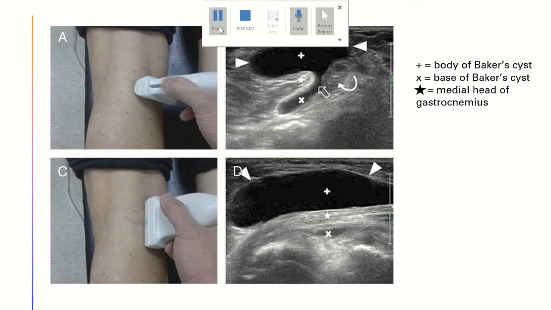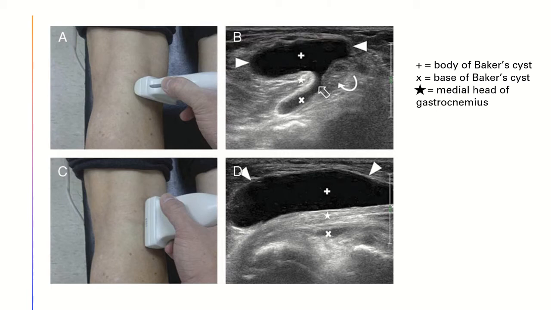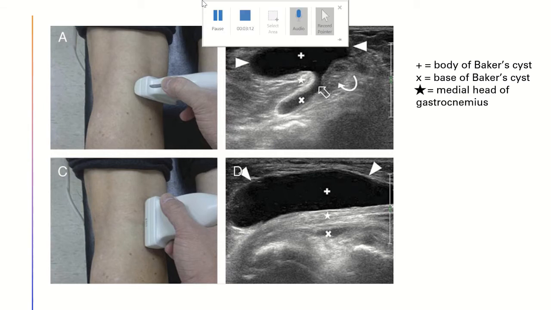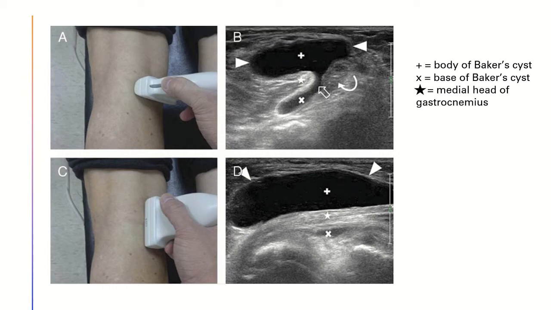Okay, here we see an ultrasound exam of a Baker's cyst, and we have figure B, which is the short axis view, and the Baker's cyst typically appears as a well-defined crescent-shaped anechoic cystic lesion, as you can see by the arrowheads. It's definitely cystic looking for sure.